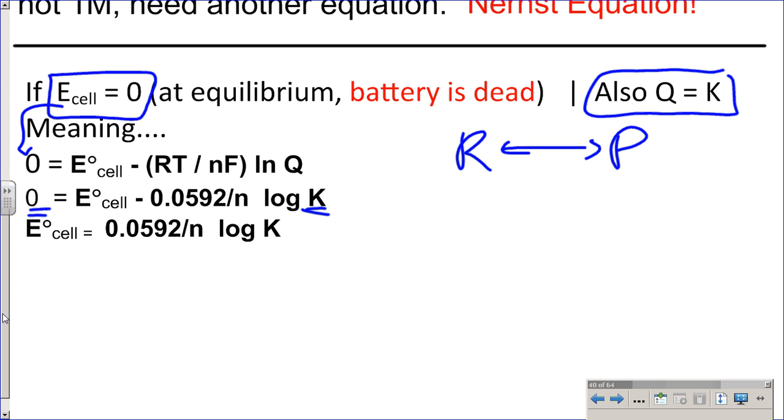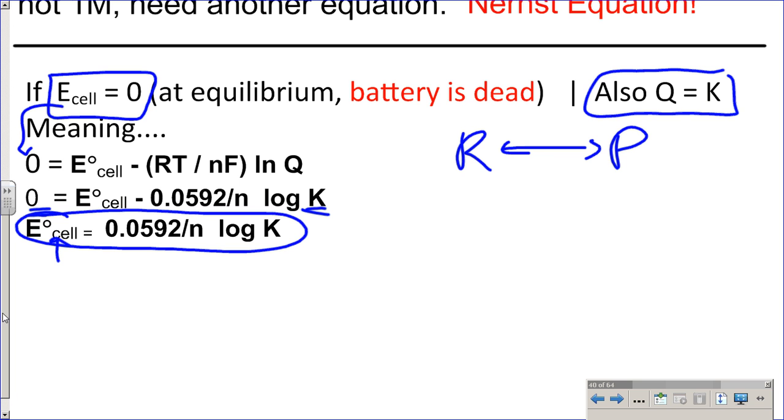This is not technically a new equation. You just plugged in equilibrium values. So if you ever have to calculate the equilibrium constant of a particular galvanic cell, you can. It's using the Nernst equation and assuming that E itself is 0 because it's dead.